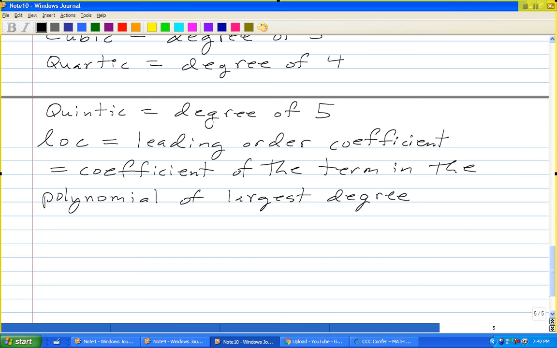Now, if there is more than one term that has the same largest degree, then it's the one that would come first in alphabetical order. So, first degree, using lexicographic ordering.